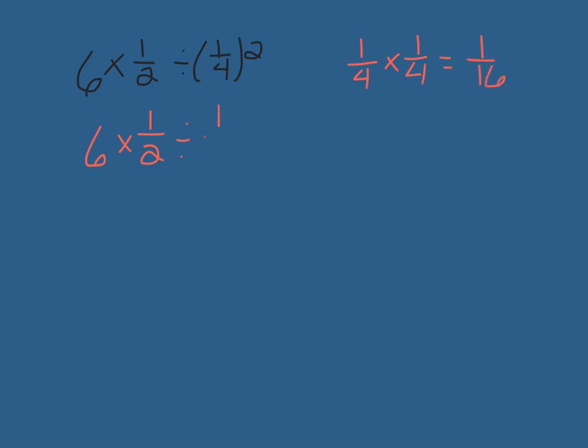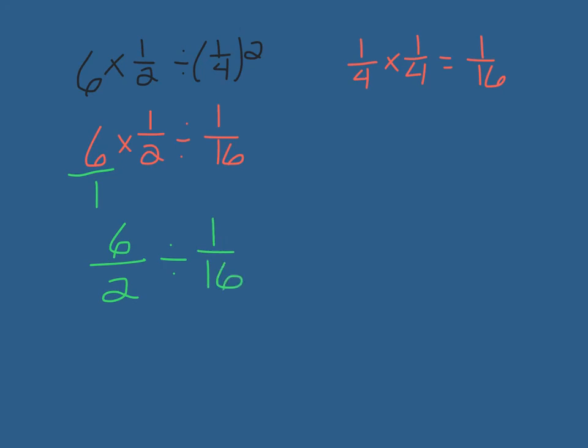Now I'm just going to multiply and divide going straight across. So I have 6 times 1/2. 6 times 1 is 6, 1 times 2 is 2, divided by 1/16.